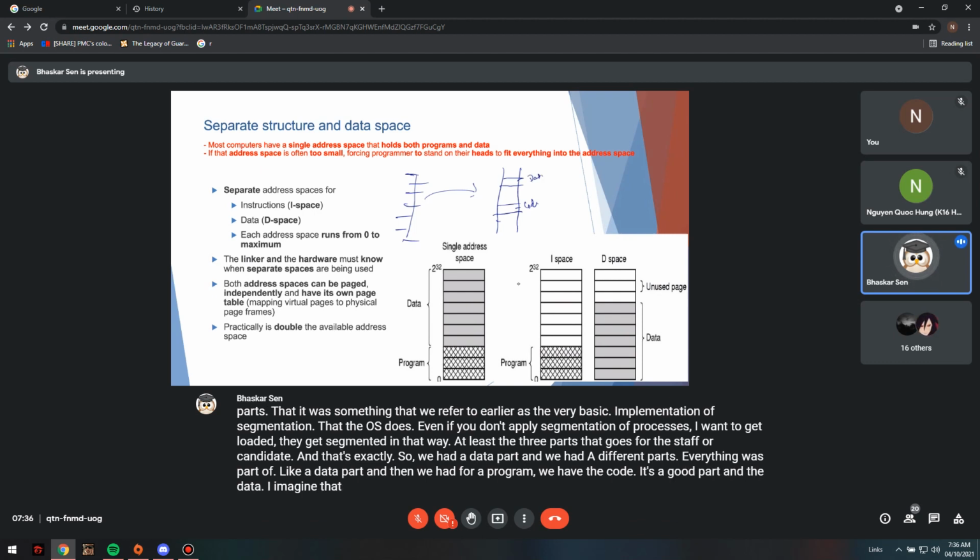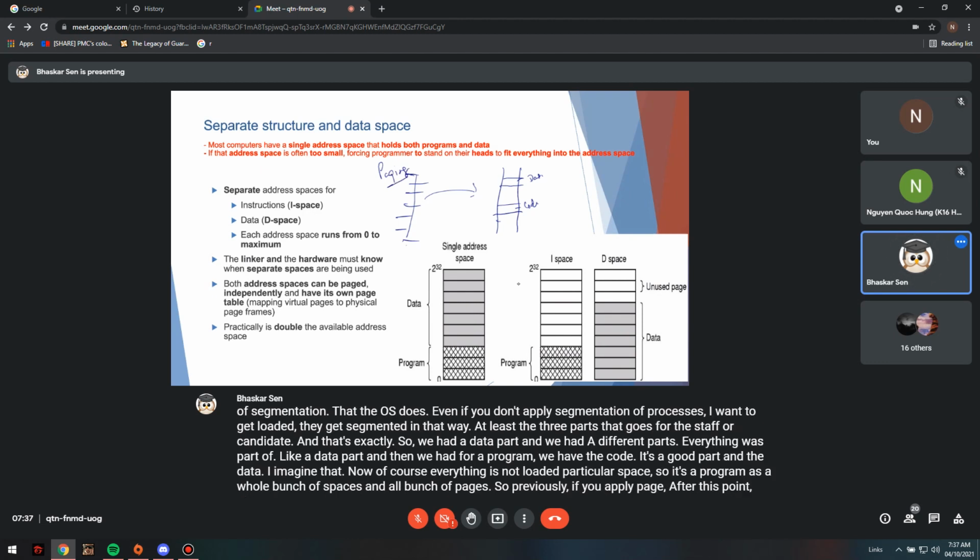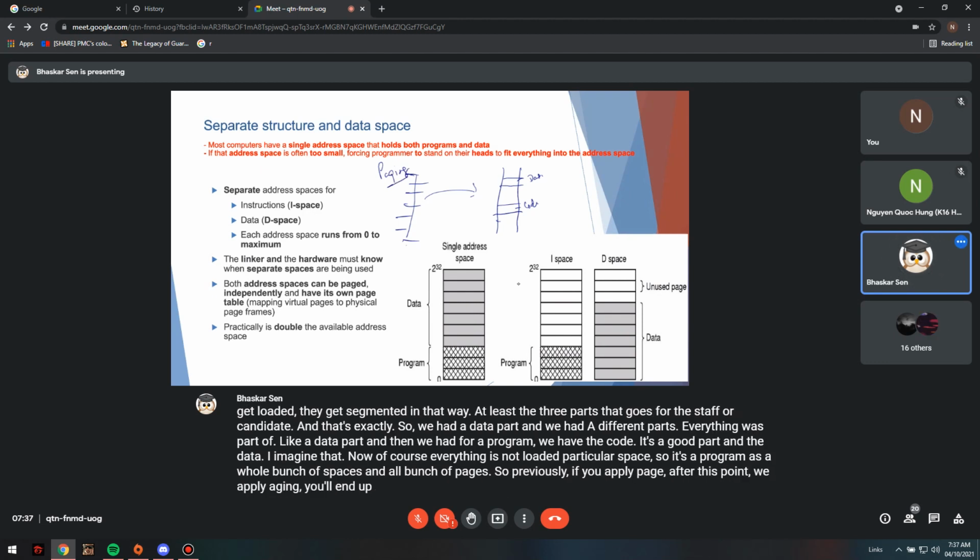Now, of course, everything is not loaded in a contiguous space. A program has a whole bunch of pages there. So previously, up to this point, if you apply paging, you'll end up with one page table.